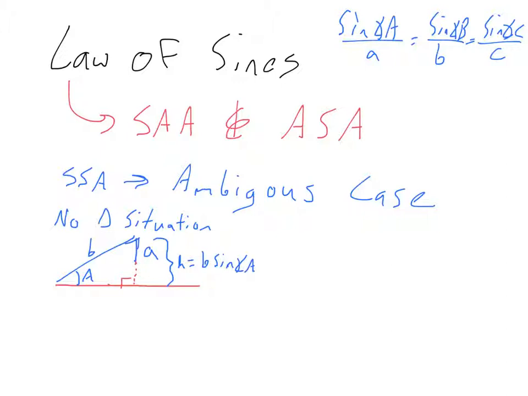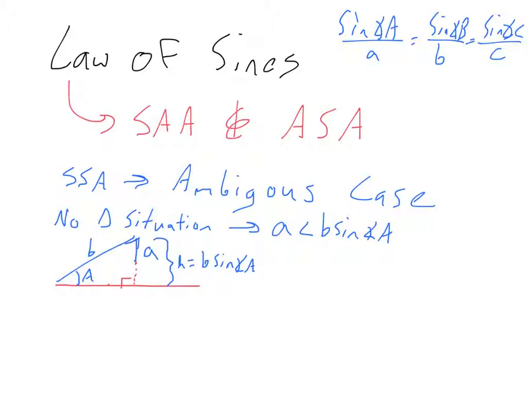Because little a is smaller than B sine A, we can't make a triangle. So this situation occurs when A is less than B sine A. In an SSA configuration, one of the sides is always going to be across from the angle.